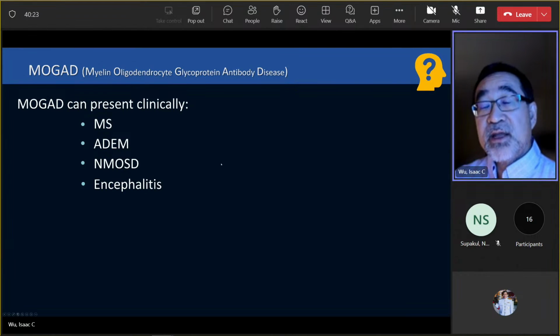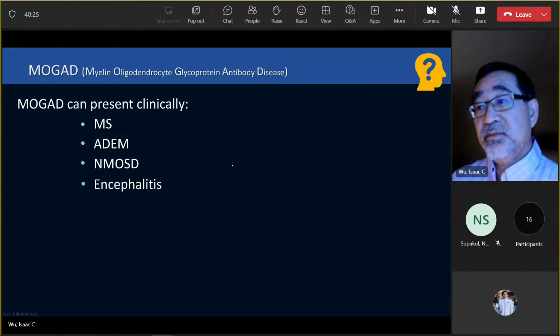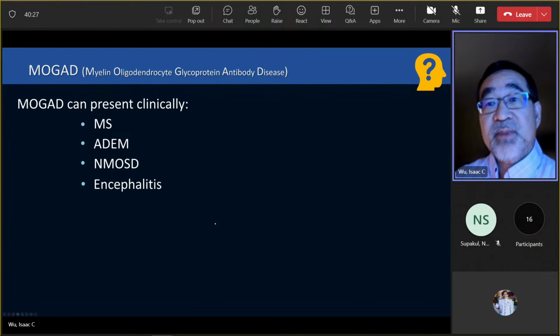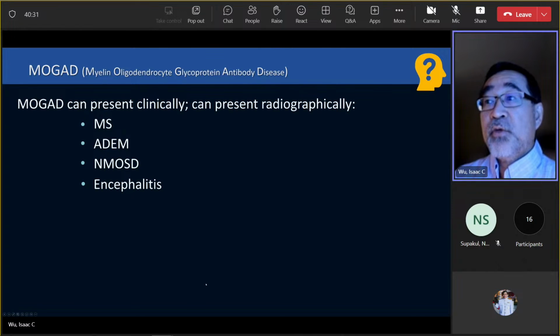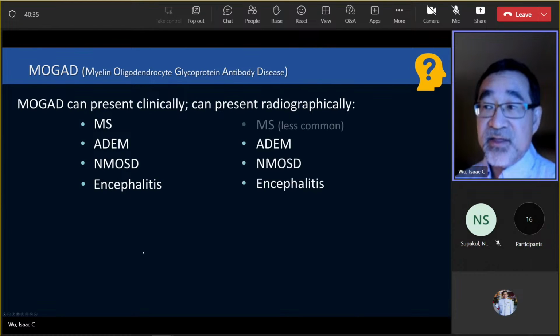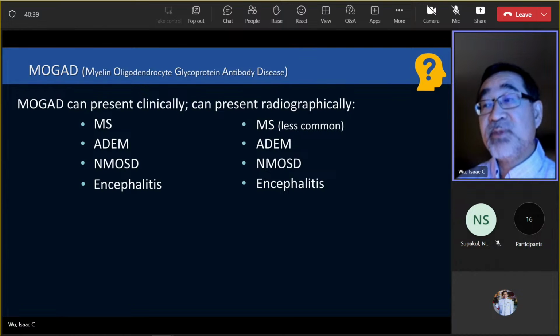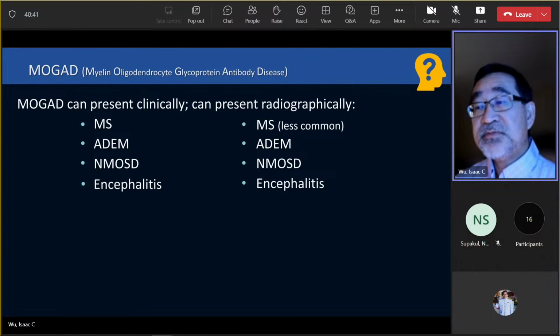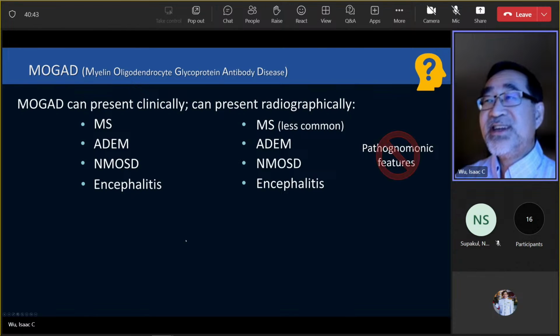It can essentially present the same way as any other demyelinating disease, as well as encephalitis. For us radiologists, the problem also is that they can look like pretty much anything, just like all the demyelinating diseases. Maybe not as much as MS, but sometimes they can also look like MS. So in other words, it's really not a pathognomonic feature for MOGAD.